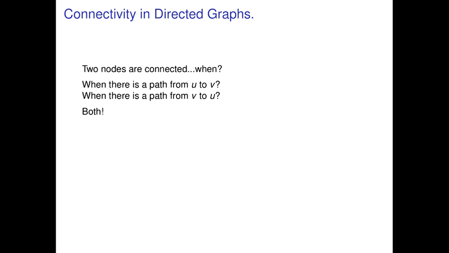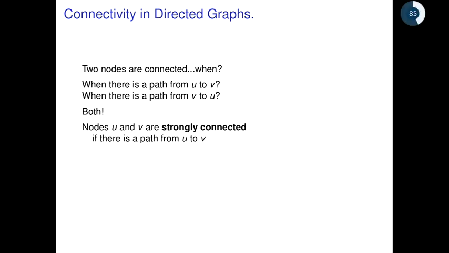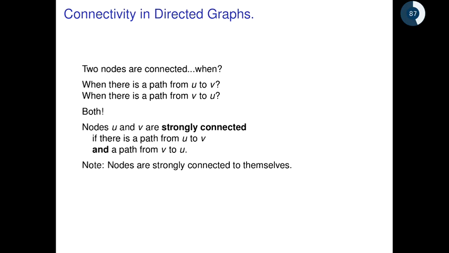Okay, they're both not the definition of connected, but the definition is that both must happen for them to be connected. And we're careful because people may want to choose different things, so we call it strongly connected. Two vertices are strongly connected if there's a path from U to V and there's a path from V to U. So we also specify that nodes are strongly connected to themselves.